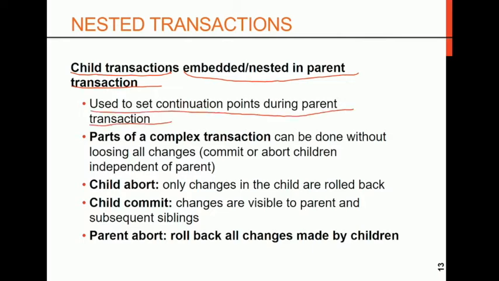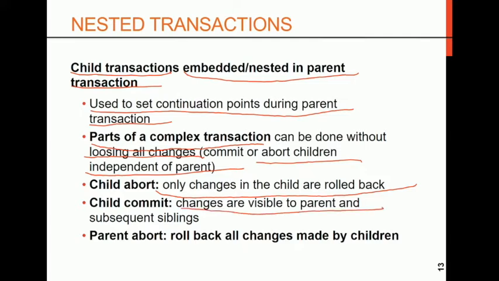So parts of the complex transaction can be done without losing all changes. So commit or abort children independent of parent. So any of the children, like my bank account, can fail, and it shouldn't affect the overall parent transaction or any of the other child transactions. So with a child abort, only the changes in the child are rolled back, and a child commit means that the changes are visible to the parent and to subsequent siblings.